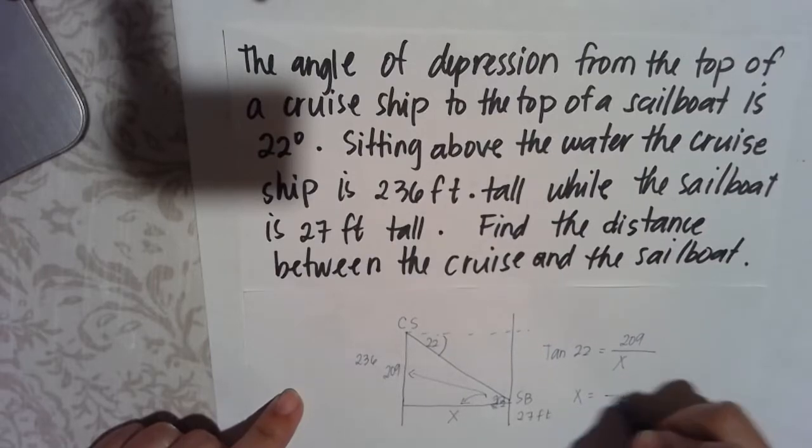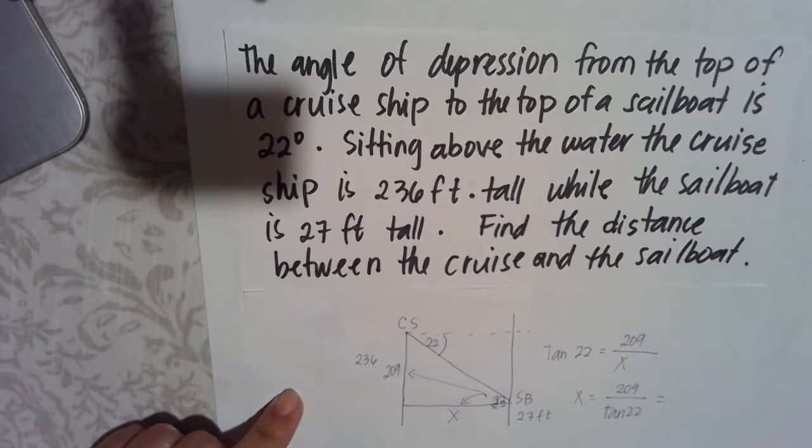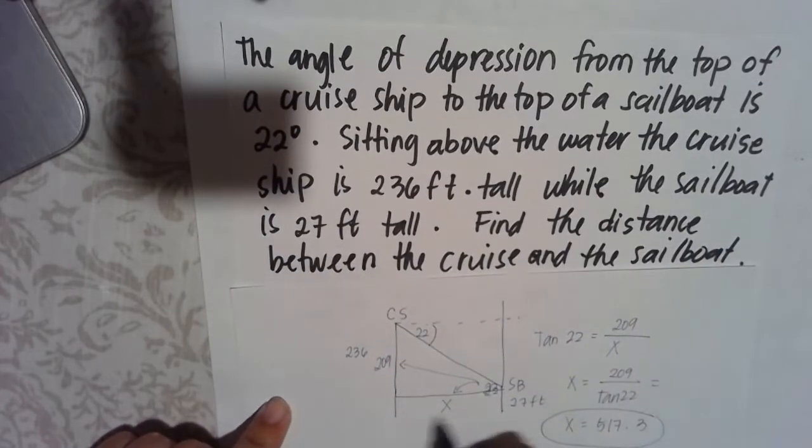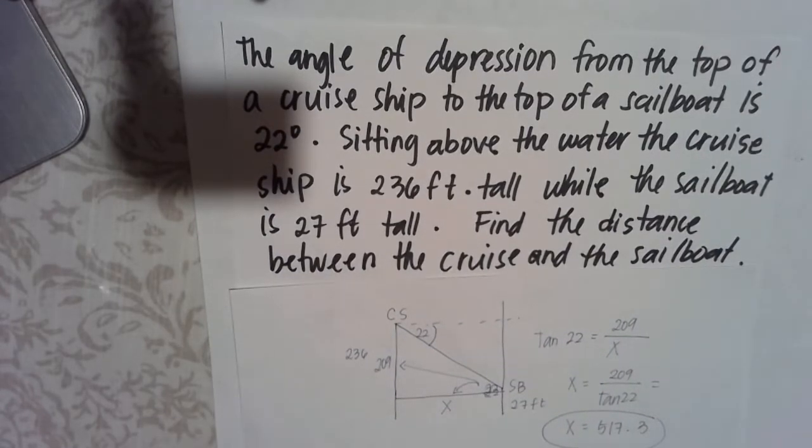That will be x equals 209 divided by tangent of 22. So 209 divided by tangent of 22 is 517.3. So that's the distance between the cruise ship and sailboat.